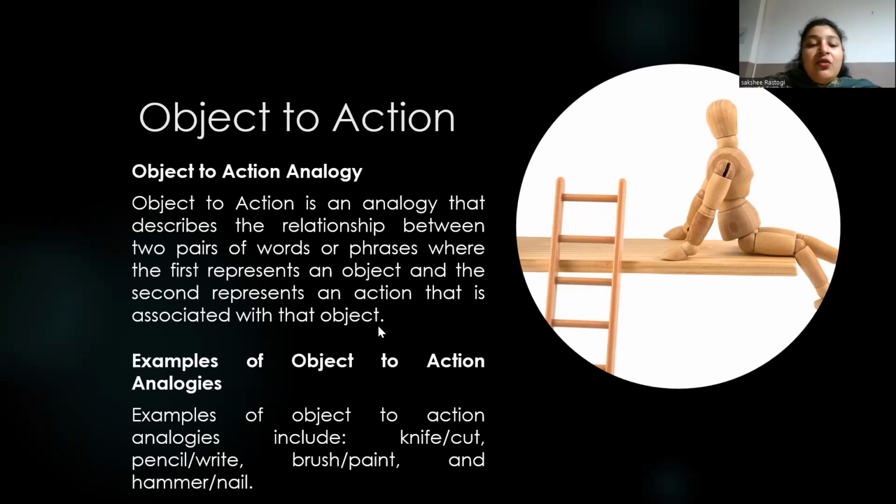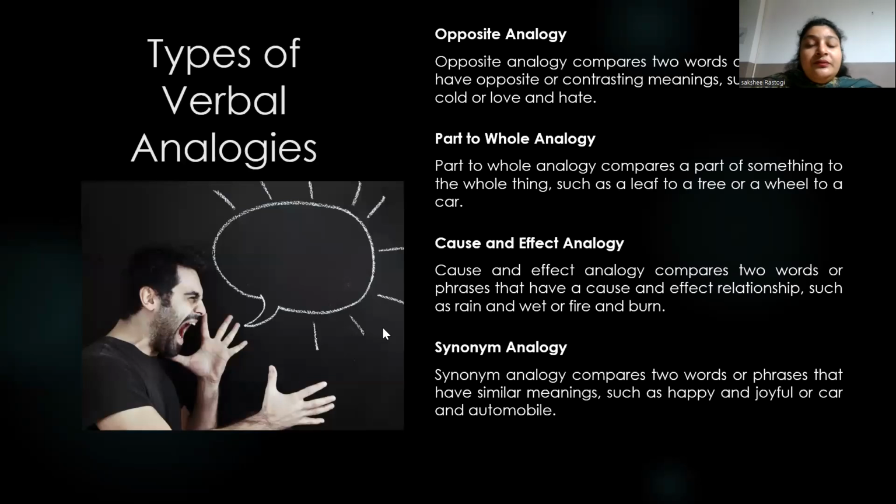So what are the types of verbal analogies? Types of verbal analogies include synonyms, which have similar meanings: happy is to joyful and big is to large. Antonyms, which have opposite meanings: hot is to cold and light is to dark.